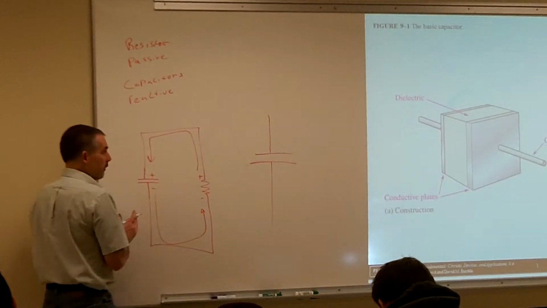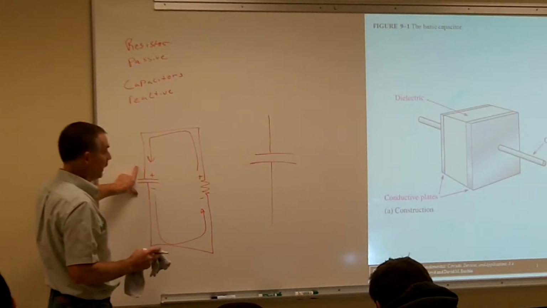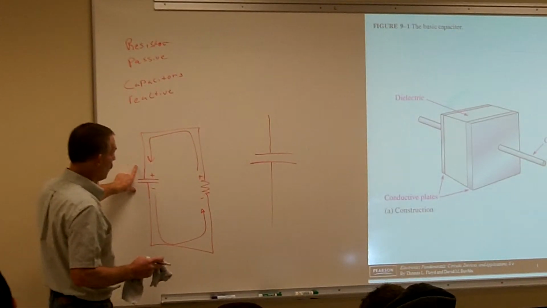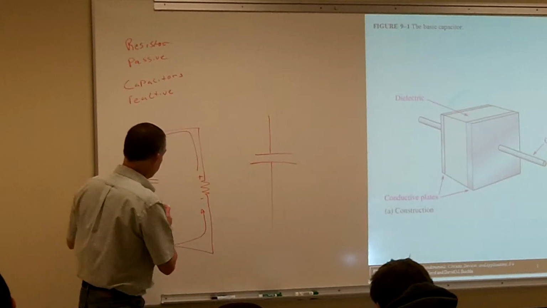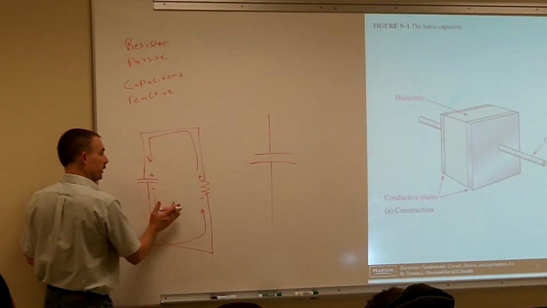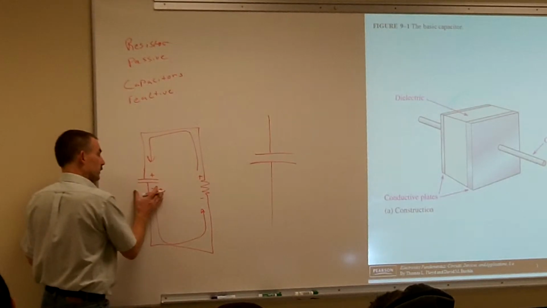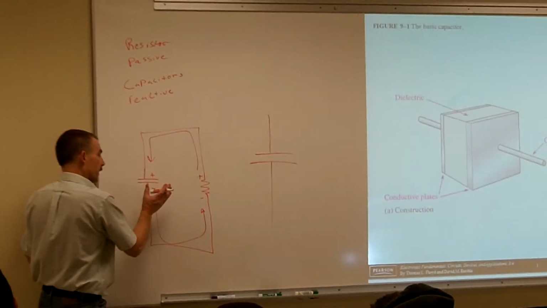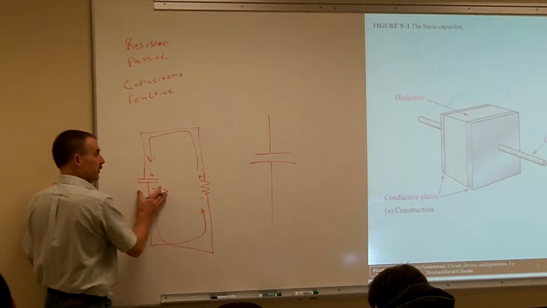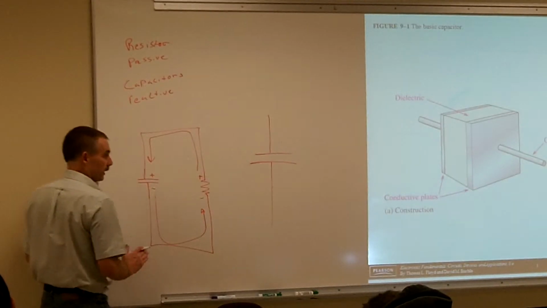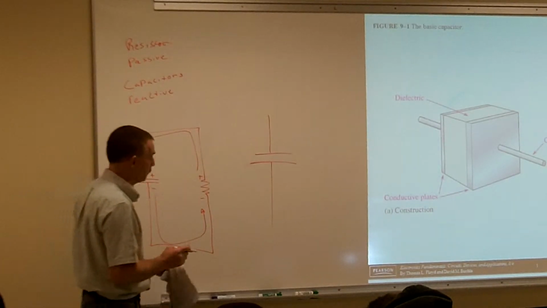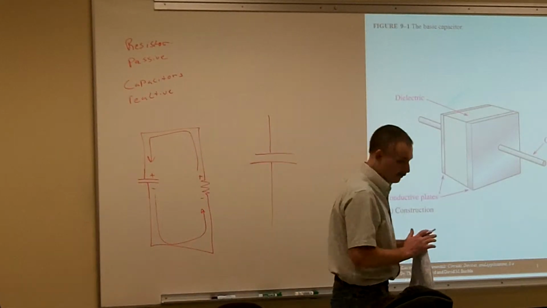Eventually, since we don't have anything to maintain that charge, the capacitor is going to go dead, it's going to lose its charge, and my current flow is going to stop. At one point it's taking in all the energy, and at another instance it's putting it back into our circuit, using up the energy the capacitor has stored.